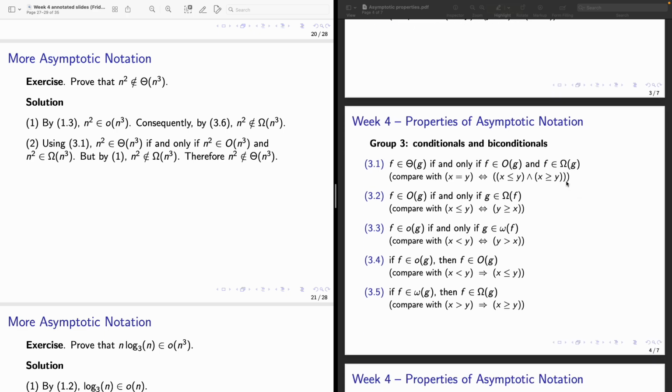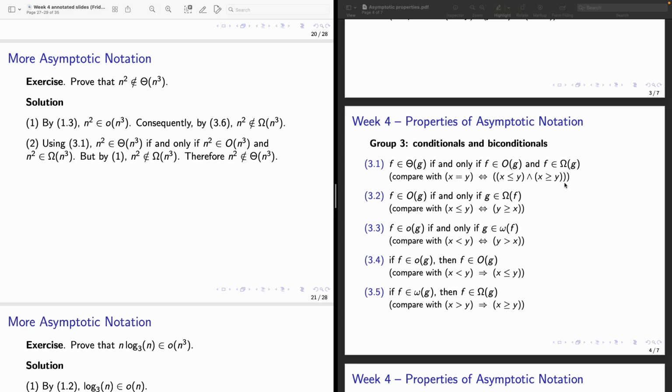That equality thing comes up again. We know that n squared is in big theta of n cubed if and only if it's in both big O and big omega of n cubed. But we just found out that n squared is not in big omega of n cubed.